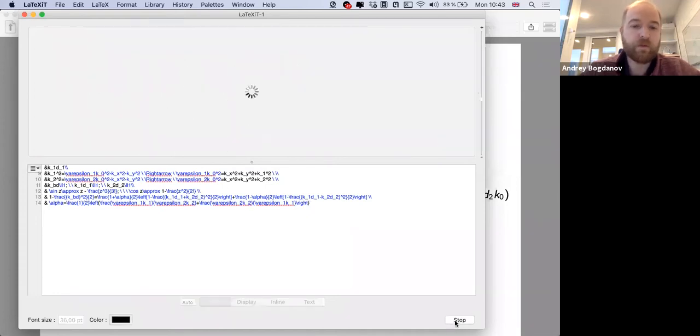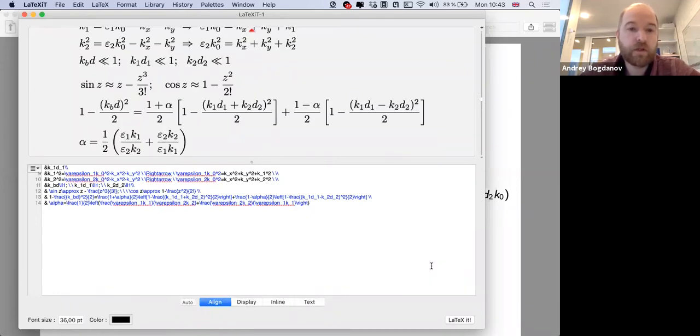And this is alpha, okay, but I will substitute it later. This is correct.